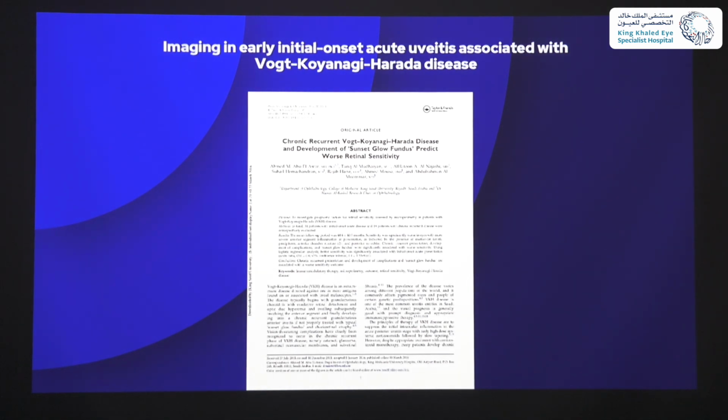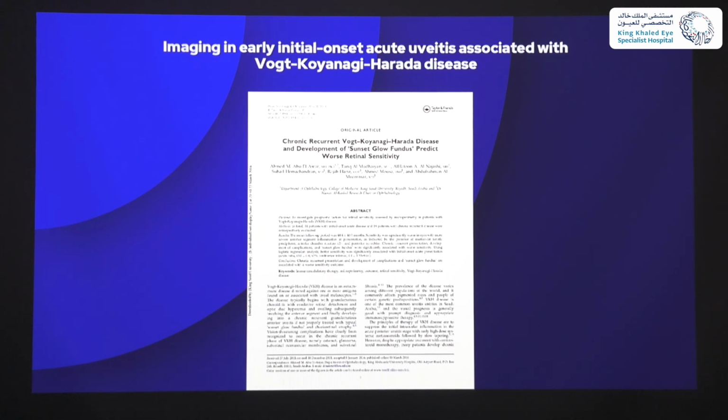Then we also used imaging to understand the prognosis of the disease and the impact of sunset glow fundus on the outcome. And this resulted in a paper where we studied macular sensitivity and macular function using macroperimetry.